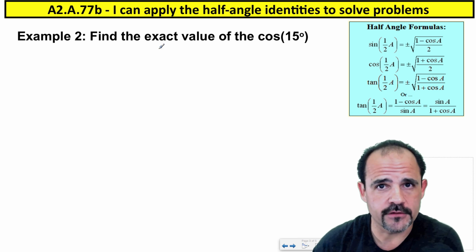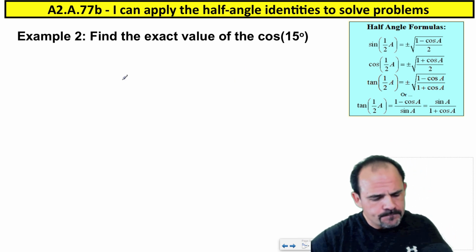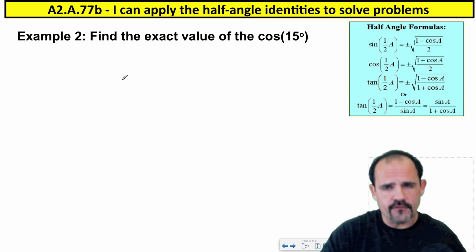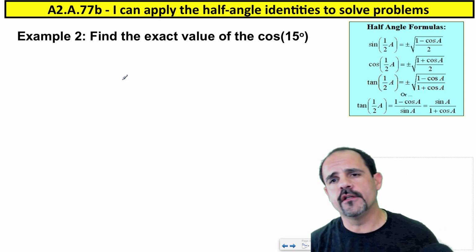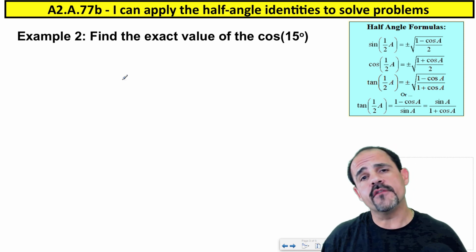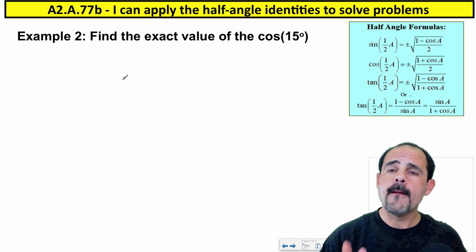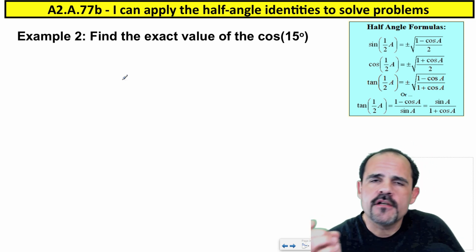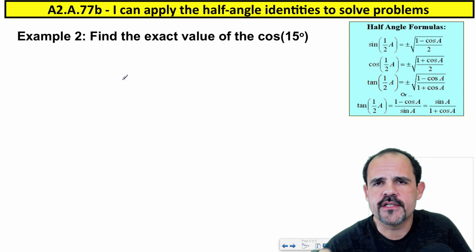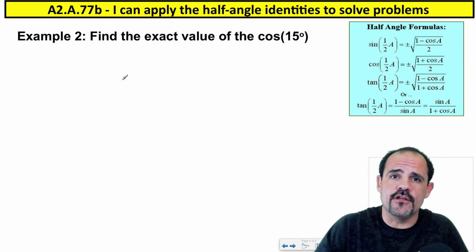That means radicals, right? So what you have to do here is you got to figure out, first and foremost, you look at that 15 degrees and you say, look, I can't do 15 degrees on my unit circles. I can do 30, 45, 60, but I can't do 15, just like I can't do 75. But because you know the half angle formulas, you can say, is 15 degrees half of an angle that I can do?